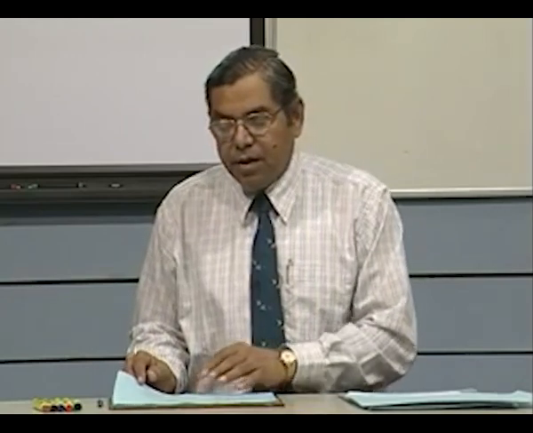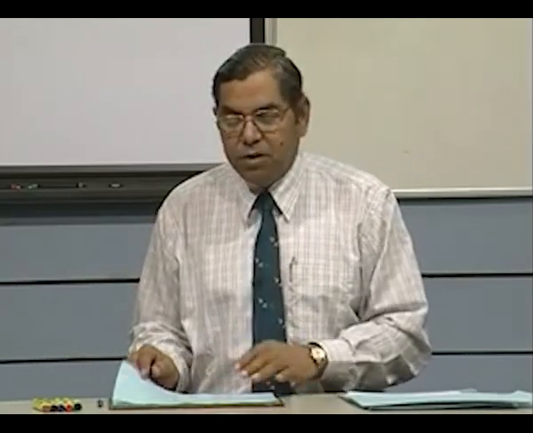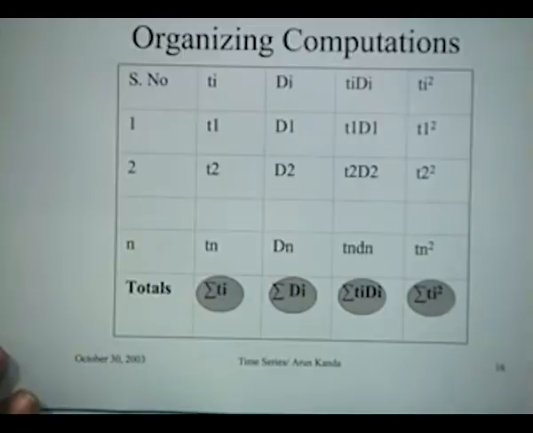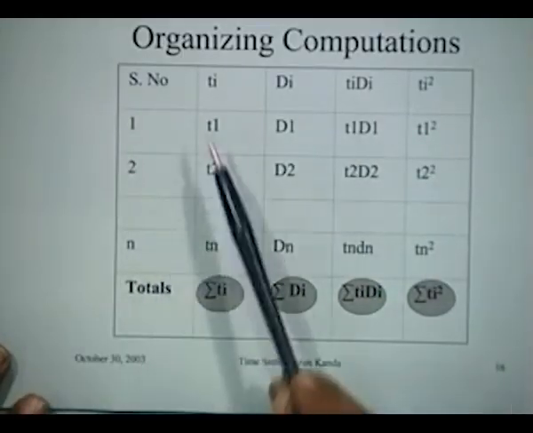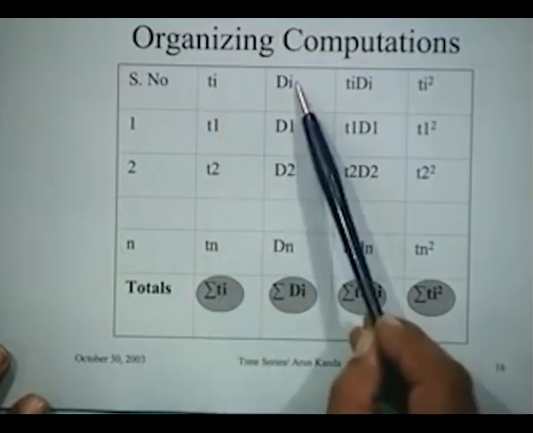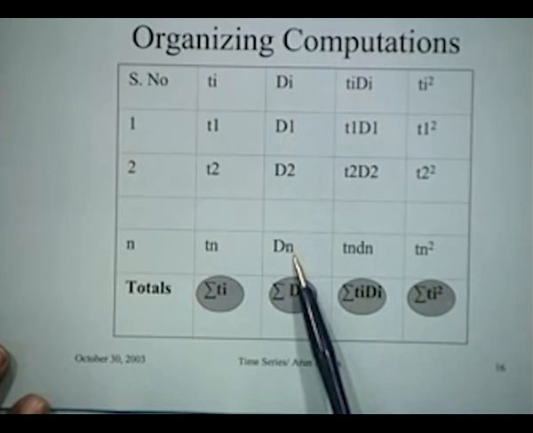Now what you can easily do is, based upon these requirements, organize your computations. The organizing of the computations means make a table, where this is Ti, which is your time, and this is the demand, which is the data available to you in general.